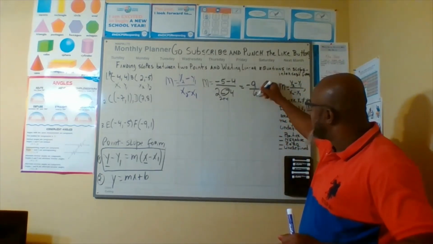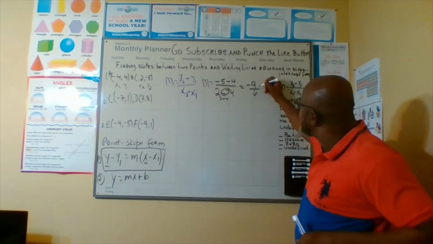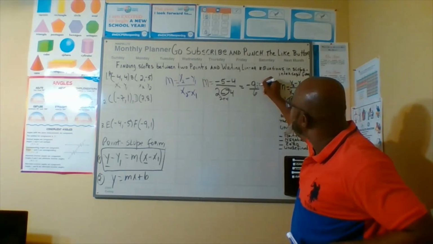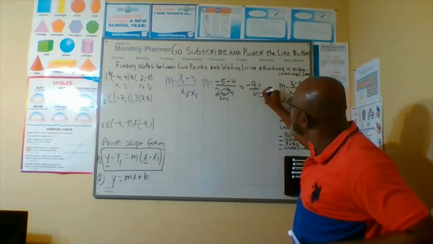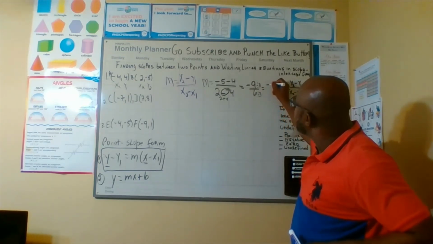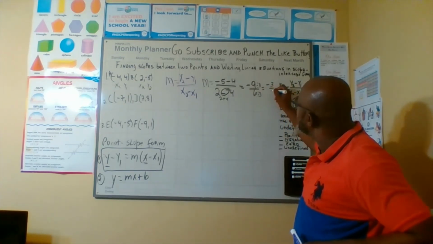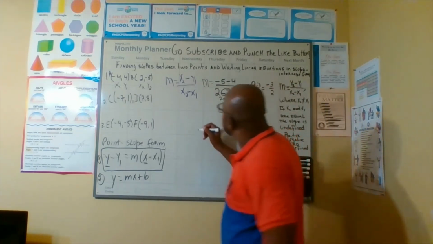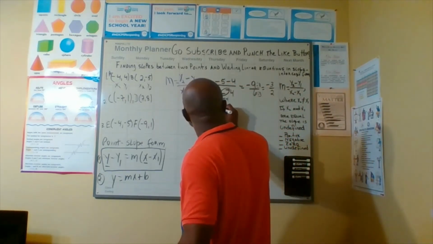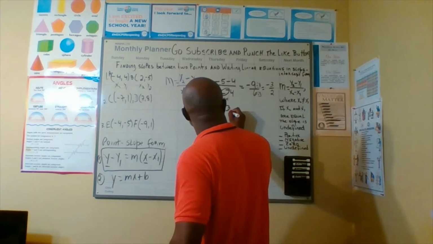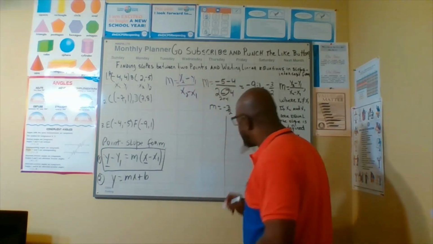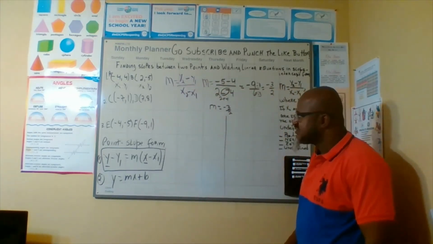Both 9 and 6 have 3 in common, so you have to divide both of them by 3 to simplify. This will give you negative 3 over 2 as my slope. Negative 3 over 2.